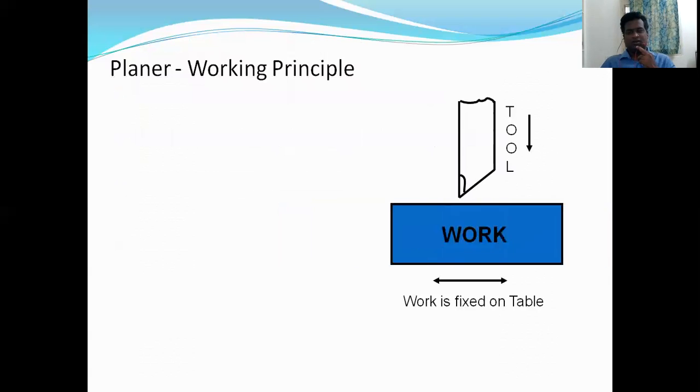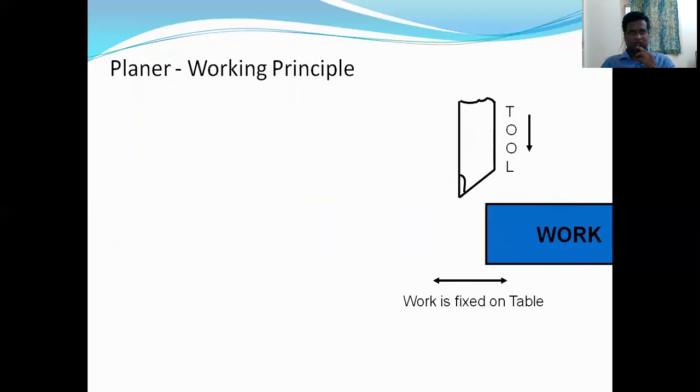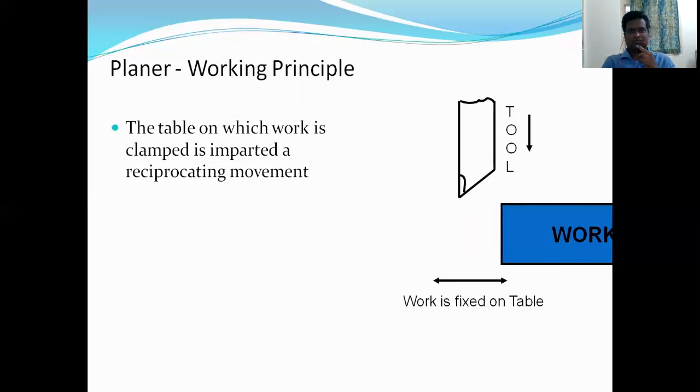In this action, we can easily understand what is happening in a planer. The cutting tool is in the vertical direction at a fixed position, and the workpiece is fixed on the table. So the workpiece reciprocates under the tool, as we have observed.